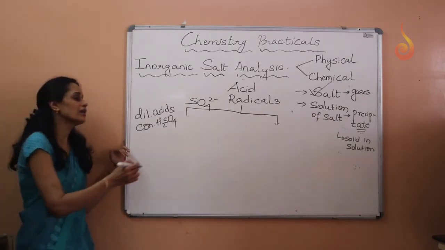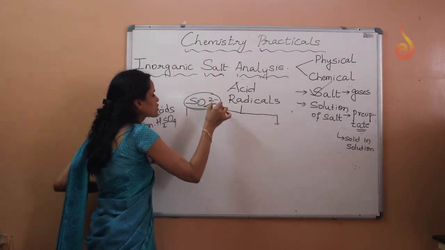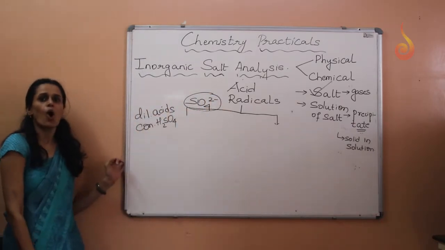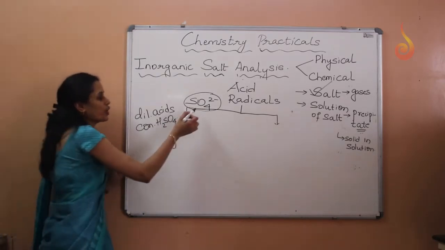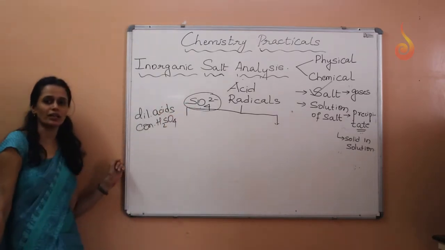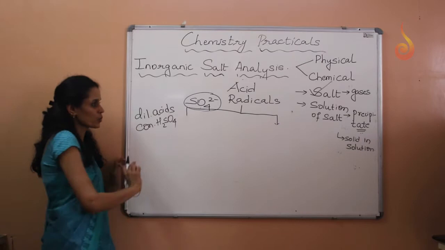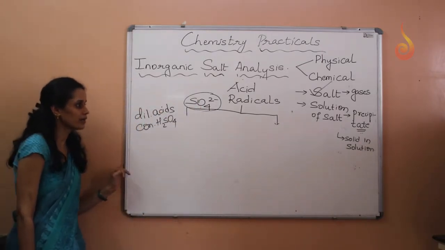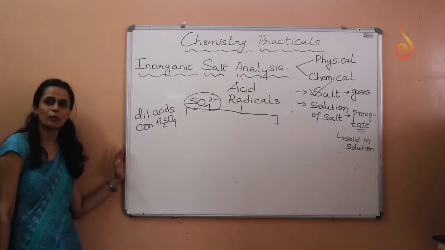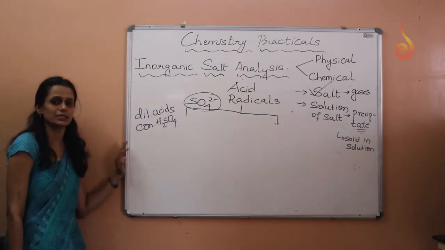So directly we'll perform the test for borate or phosphate or sulfate. But here we'll check only sulfate ion. That's it. So this is how we detect the acid radical. With that, we have completed the acid radical detection.